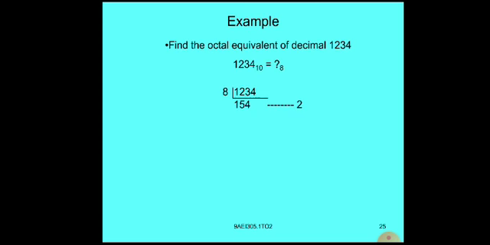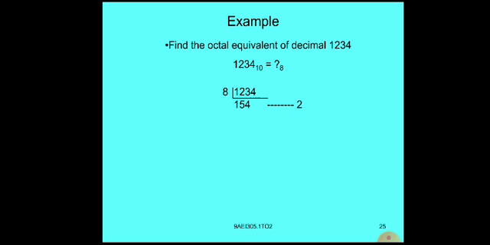So let us take for example the decimal number 1234. This is the decimal number. What is the equivalent value in octal? So divide the number with 8. So 8 ones are 8. That means 4 remains.